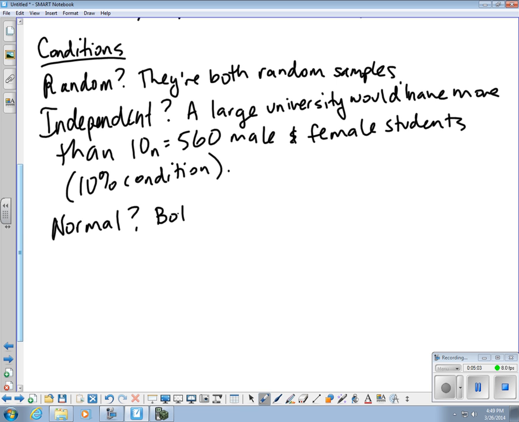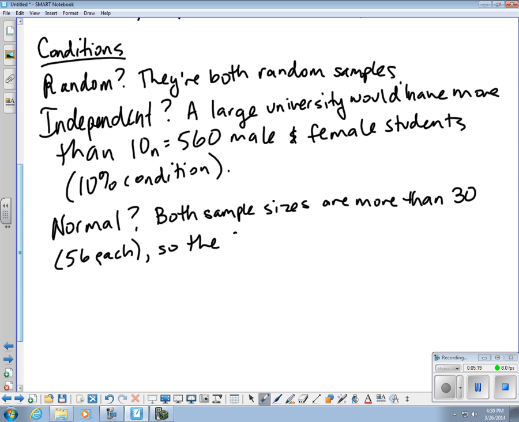So both sample sizes are more than 30. 56 each.